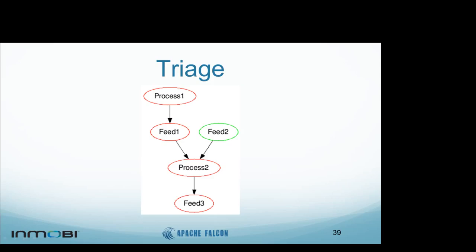This will show you that the instance of feed 3 has failed, which is produced by process 2, which takes feed 1 and feed 2. Feed 2 is green, which means it's available. Feed 1 is not available, which was produced by process 1. So you know that this process 1 is incomplete. If you just restart or rerun this process, the entire pipeline will be unblocked and it will run on its own. So that's one of the very powerful features which we have.